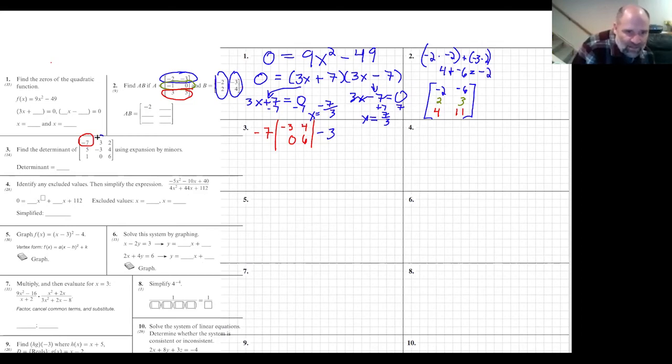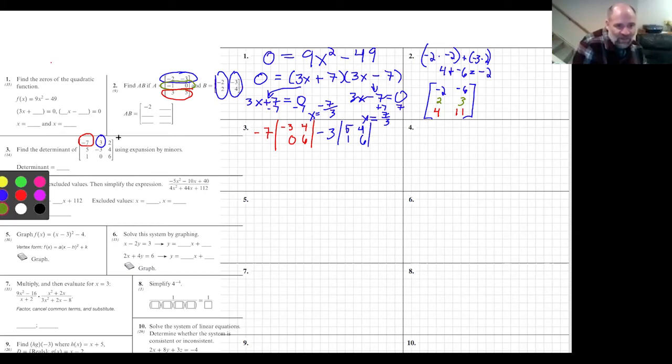And the matrix of this guy, if you ignore the row and the column that the 3 is in, is 5, 1, 4, and 6. All right, and then the last one, we're going to add this 2 here.